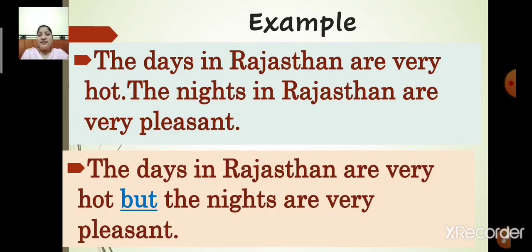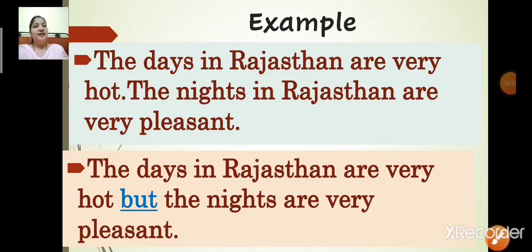In the first sentence, we are talking about the days in Rajasthan that are very hot. And in the second sentence, we are talking about the nights in Rajasthan that are very pleasant. So children, here these are the two different ideas. Okay, and we have joined these two different ideas using but. I repeat the answer. The days in Rajasthan are very hot, but the nights are very pleasant.